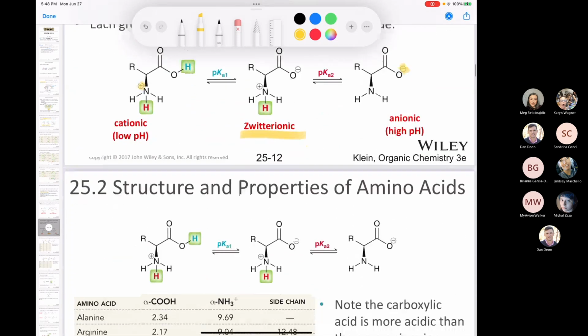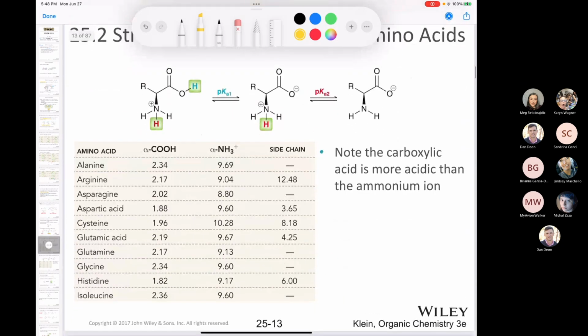All right. So let's take a look at those pKa values, the pKa for the carboxyl group and the pKa for the amino group. First thing is if you look at the pKa values for the carboxyl group, you can see very quickly they're all in the same range. They're all around 2. It's a little above, a little below, but 2 is close enough.